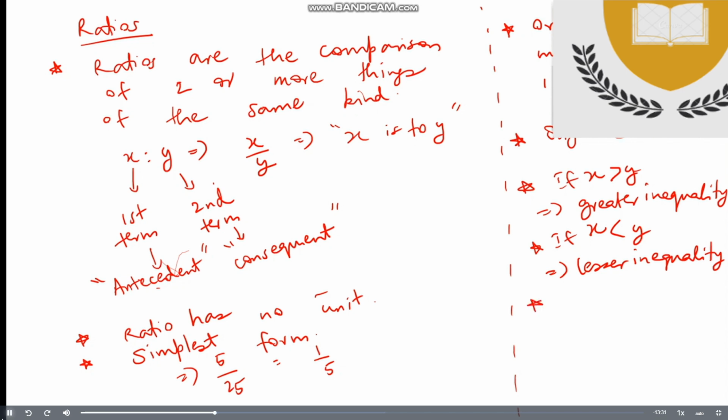Another one which we have to see is if x is equal to y, that is called equality.